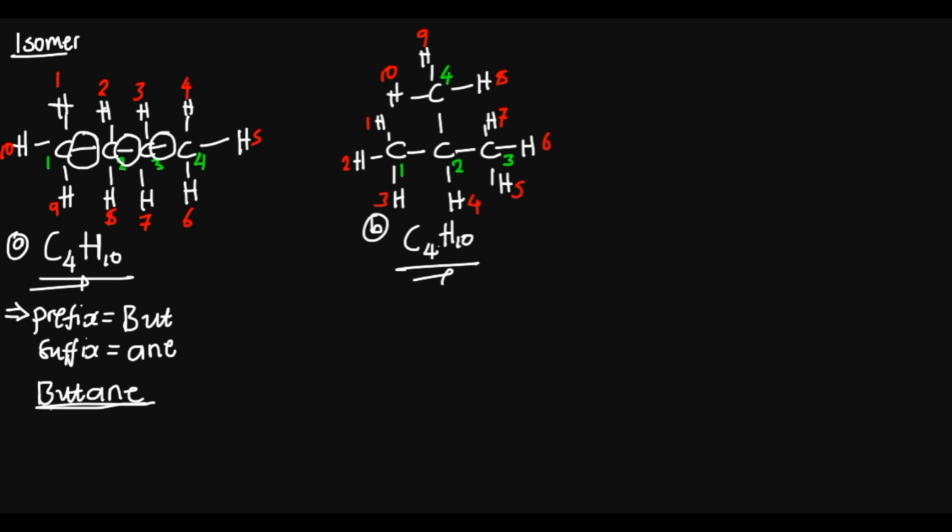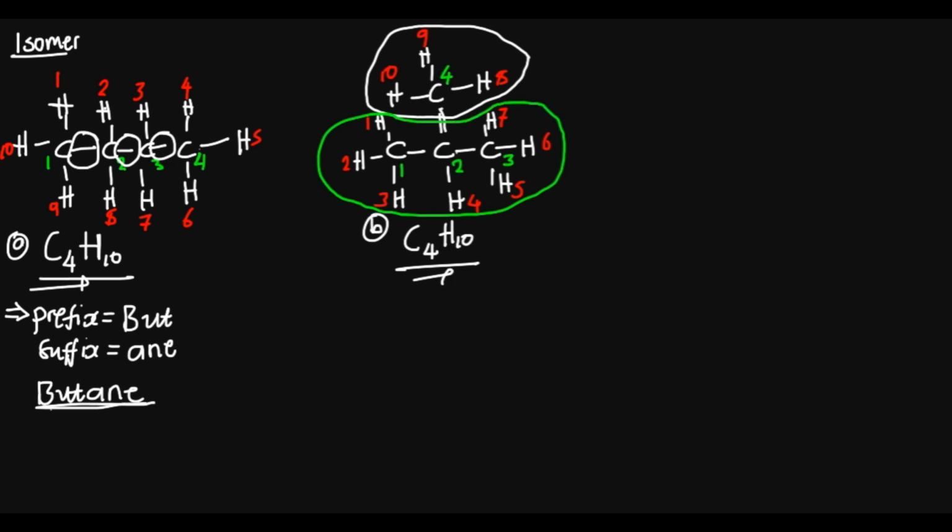Now for structure B, where you have a different arrangement of carbons, you need to be extra careful. We can see that we have this part here that is branched. It has one carbon. Then we also have the other part, this one, with 3 carbons.